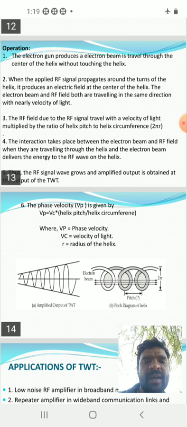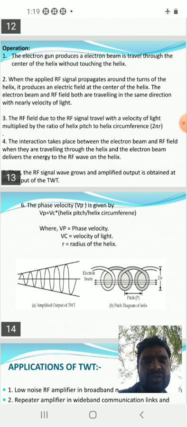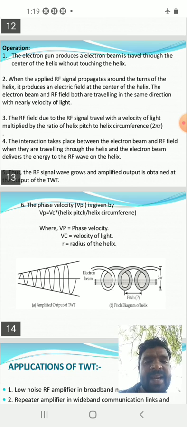This RF signal propagates around the turns of the helix and produces an electric field at the center of the helix, because the electrons are traveling in the center of the helix and this RF field also enters at the helix starting point. In this way, an electric field is produced at the center of the helix. The electron beam and RF field both travel in the same direction with nearly the velocity of light.